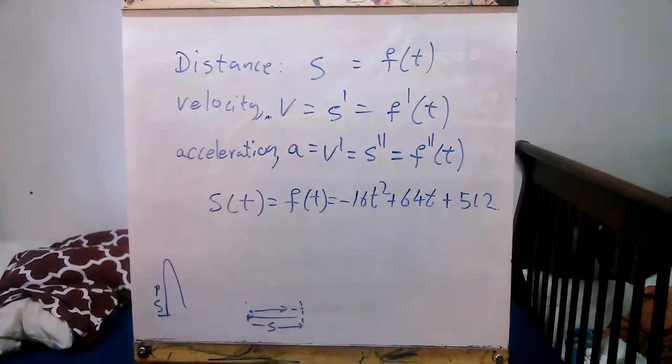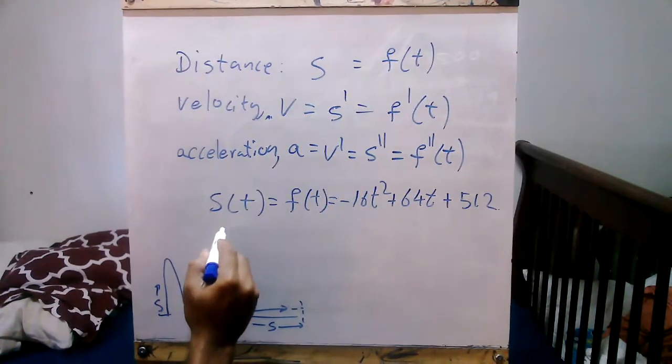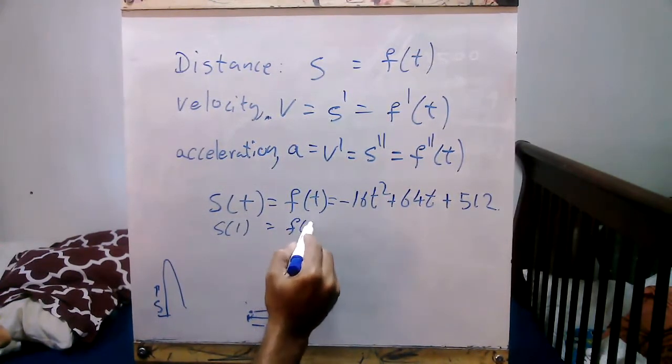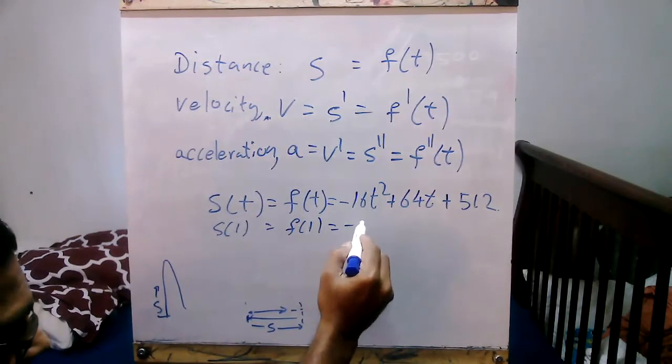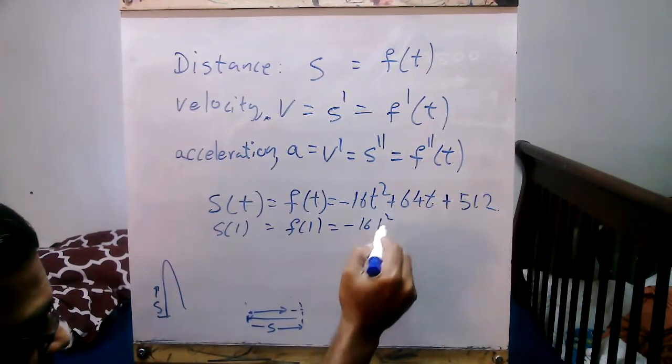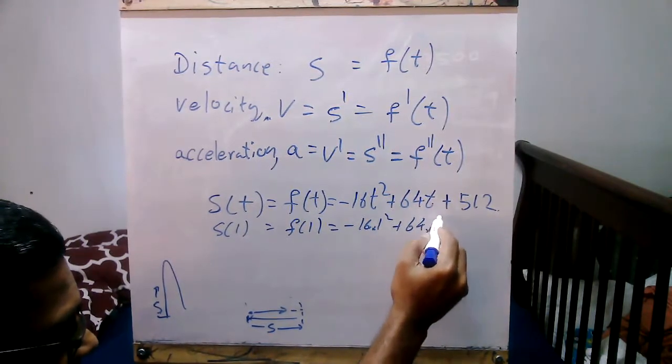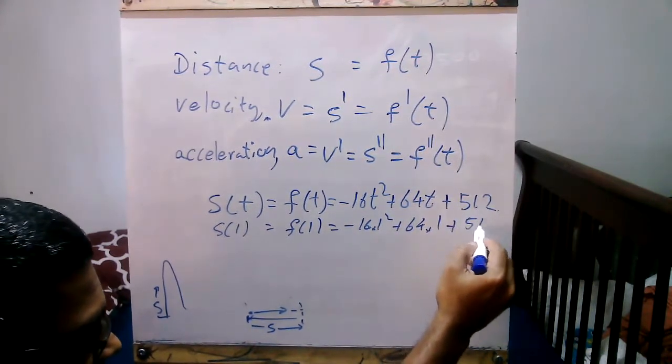Now, if the question is asking you to find the distance after 1 second, that means s1, f1. Substitute it here: negative 16 times 1 square plus 64 times 1 plus 512.